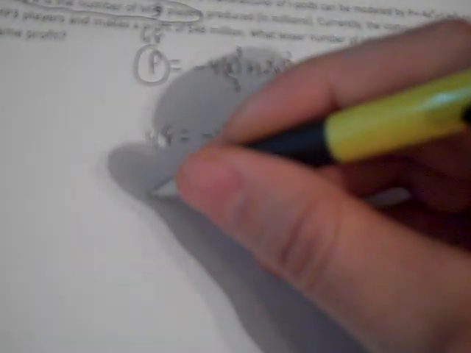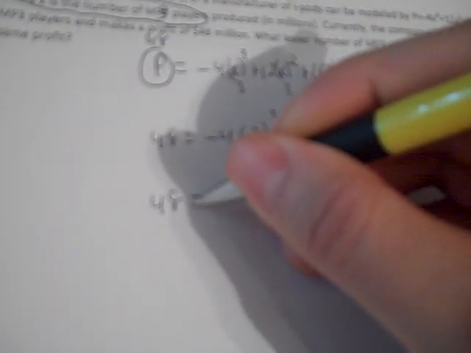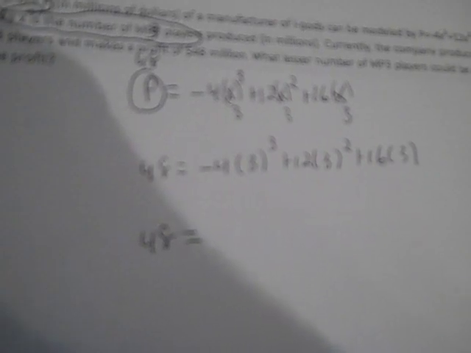Now I want to keep my profit at $48 million, but I want to see if I can make a lesser number of MP3 players. It'll be the same profit because I will not sell as many, but I won't spend as much to make them. So the profit will remain the same at 48.